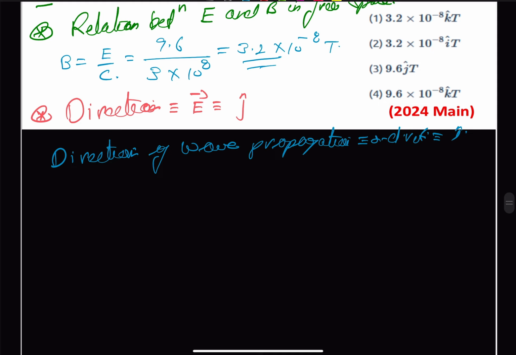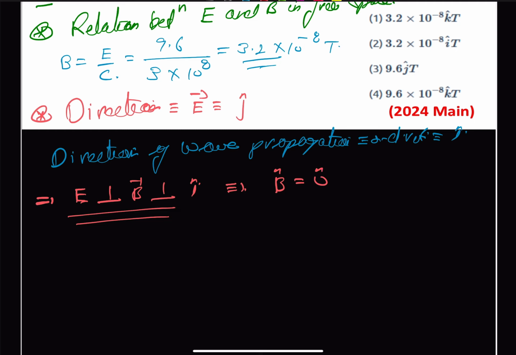And we know that our electric field is perpendicular to the magnetic field and is also perpendicular to the direction of propagation, which here is the i unit vector. All these three are perpendicular to each other. In order to find out, we can simply write that the magnetic field unit vector will be equal to the unit vector v, that is the velocity vector in x direction, cross product of the E unit vector.